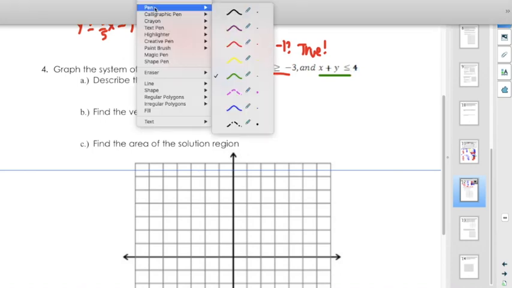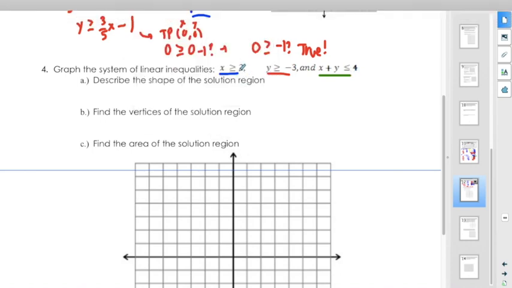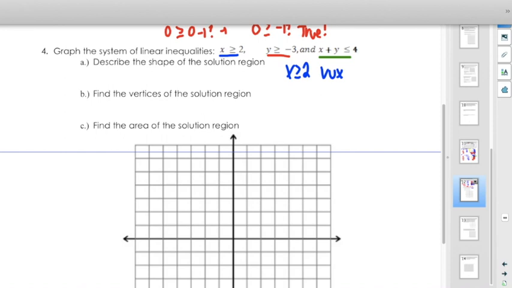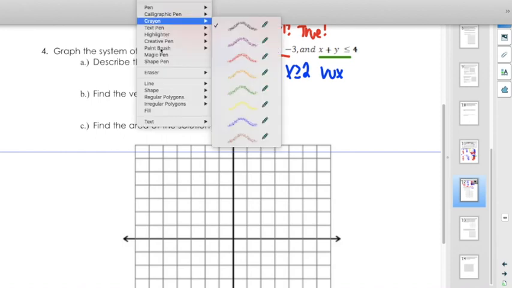So, how do I graph this first one? Well, recall x greater than or equal to 2. That's going to be a vertical line at 2, and it's going to be a solid line because it's greater than or equal to, so that's nice. Let's graph this one. I'm going to get my line.